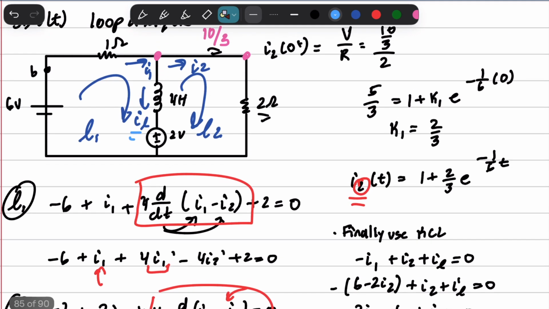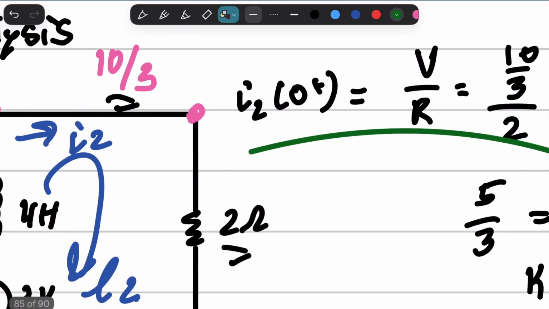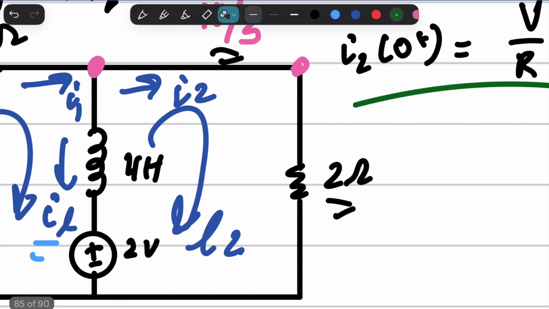But now that I'm able to look at this and analyze it, because I feel like I have a better grasp of nodal and loop analysis, I'm able to play on all of these, and even using Ohm's law in random places like this, right? This is just Ohm's law, just to find the initial condition right here, because the initial condition is literally just a constant circuit, like one of the ones that we did in Unit 1, okay?